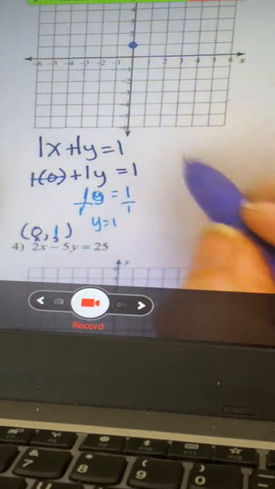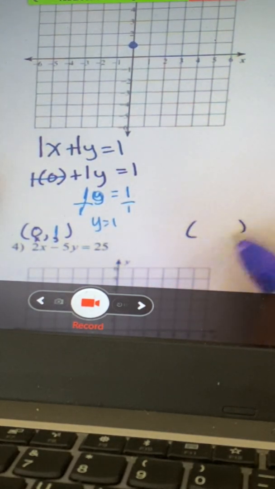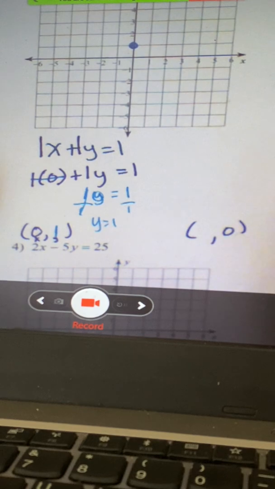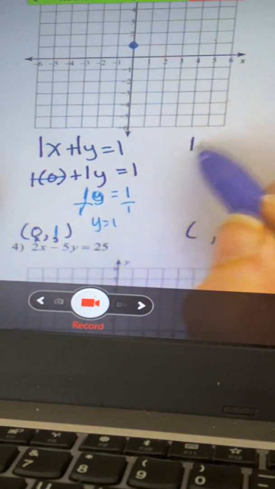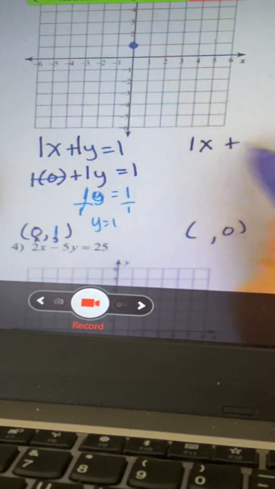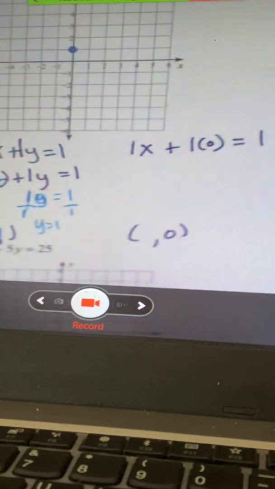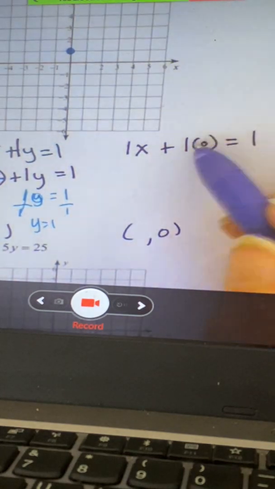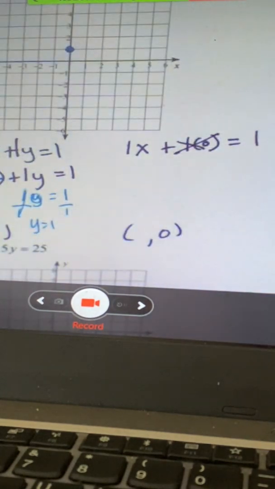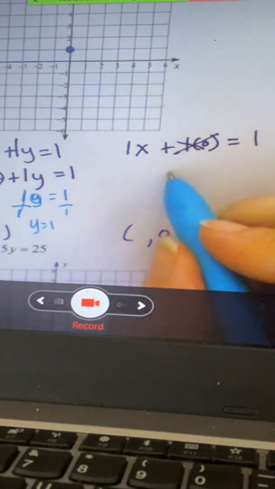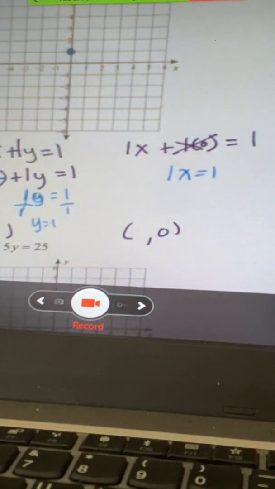I'm going to work it again. This time, I put my 0 in for y. So I'm going to say 1x plus 1 times 0 equals 1. My 1 times 0 cancels out. That leaves me with 1x equals 1.